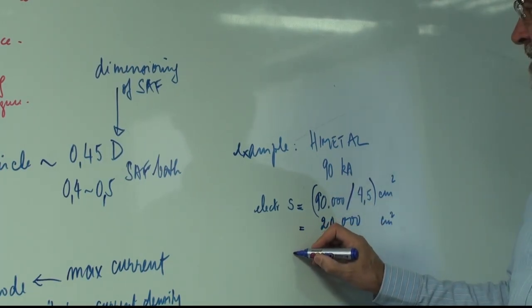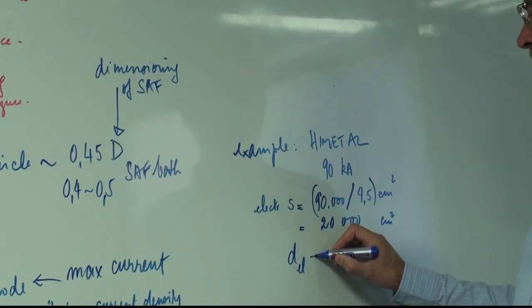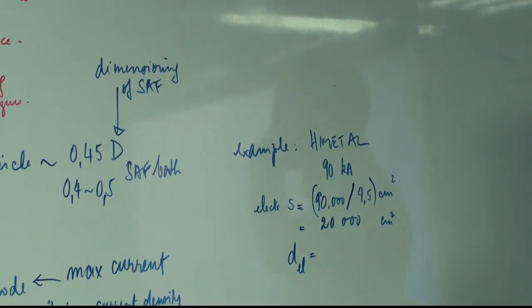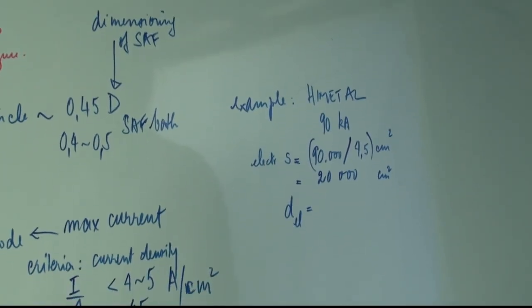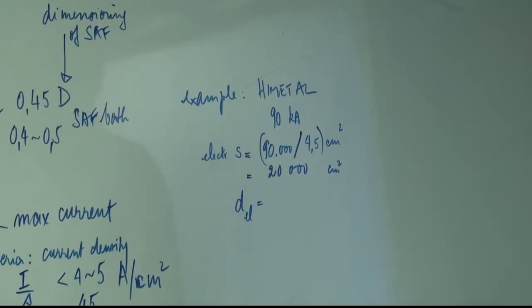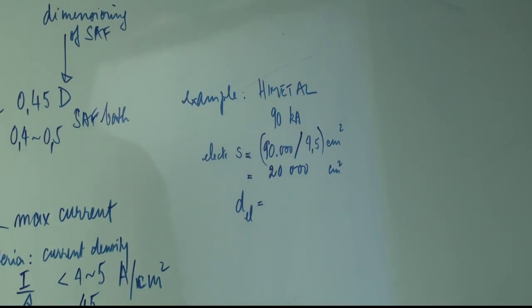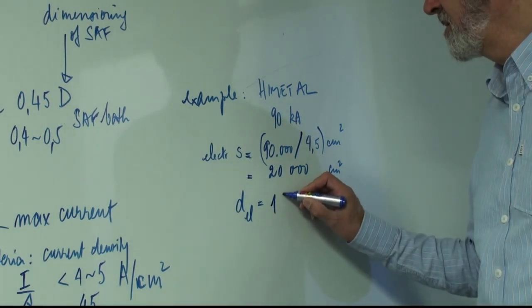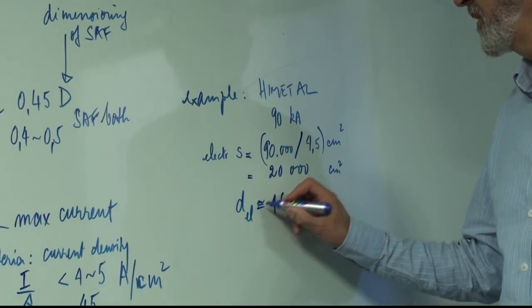And so the electrode diameter is, we divide by pi, about 160 centimeters.